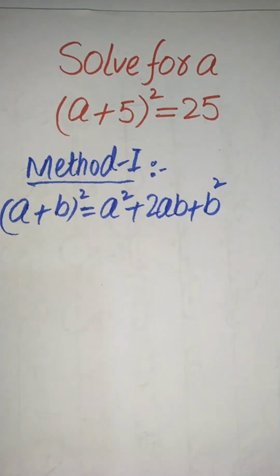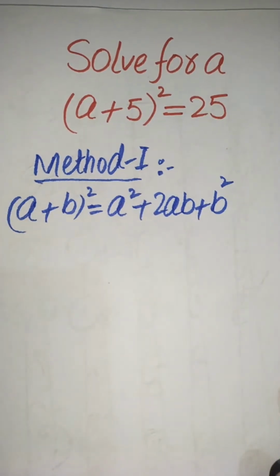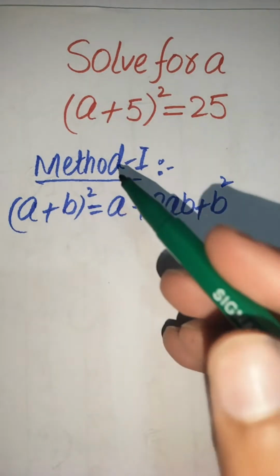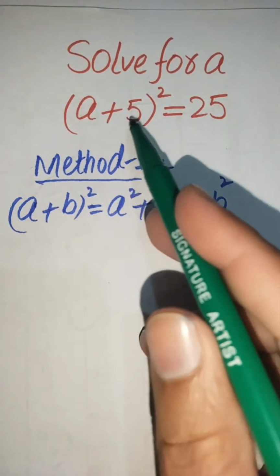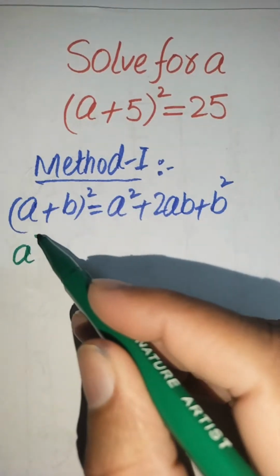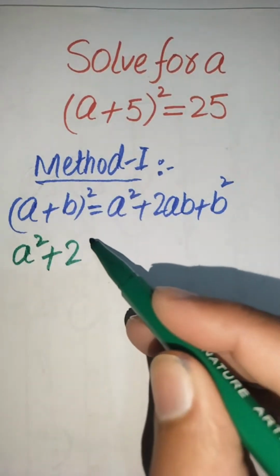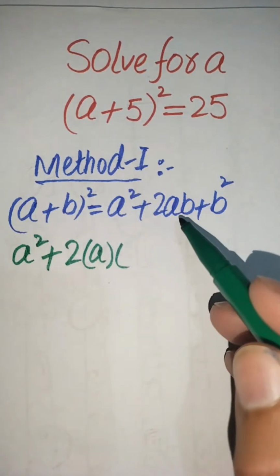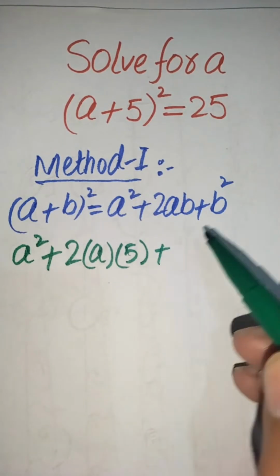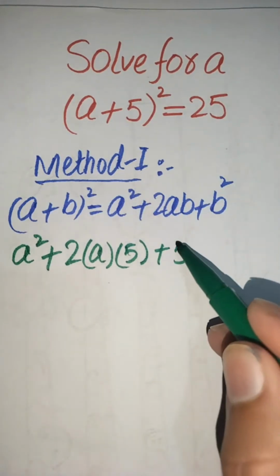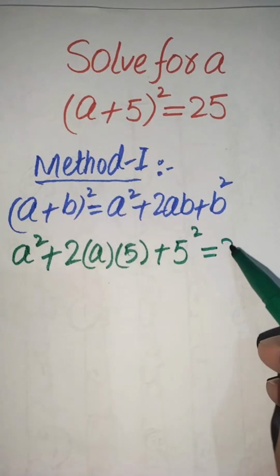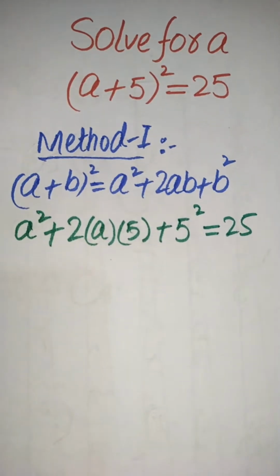We apply this formula to the left hand side of the equation, so it is written as a square plus 2 times a into 5, plus 5 square, and this whole equation is equal to 25.